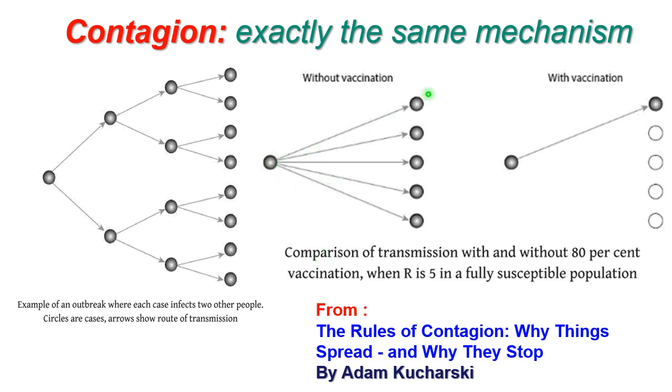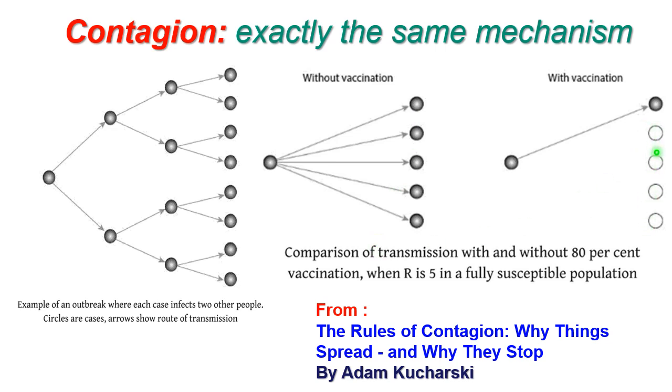So, for example, in some contagious disease like measles, the contagion factor can be 5 for a fully susceptible population. And this is how vaccination works.